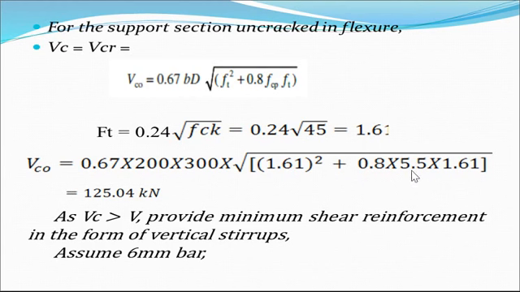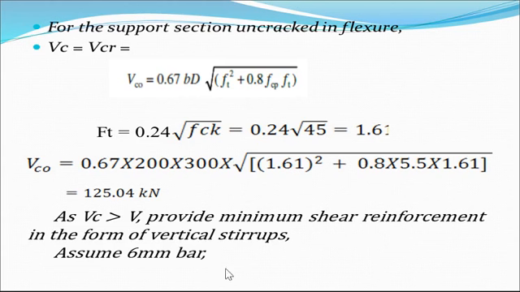Now this FCP is equal to 5.5 into 1.61. So we get 125.05 kilonewton is the shear capacity of the support section. As VC is greater than V, because the maximum shear force is already given, so provide minimum shear reinforcement in the form of vertical stirrup.